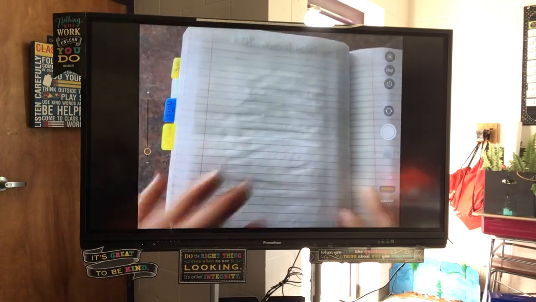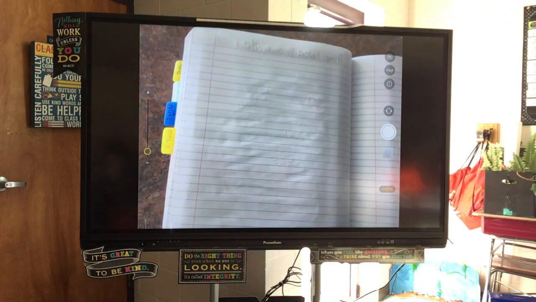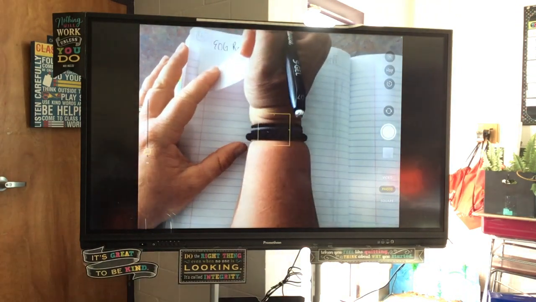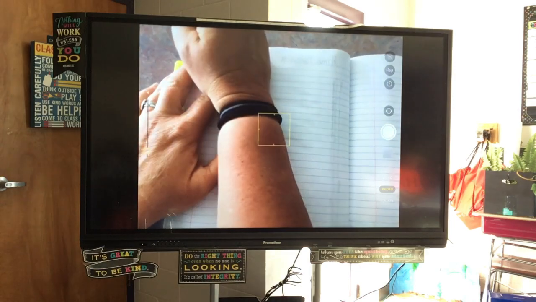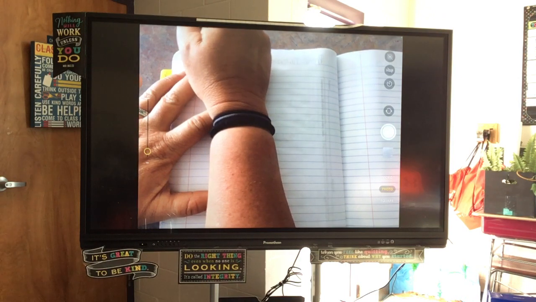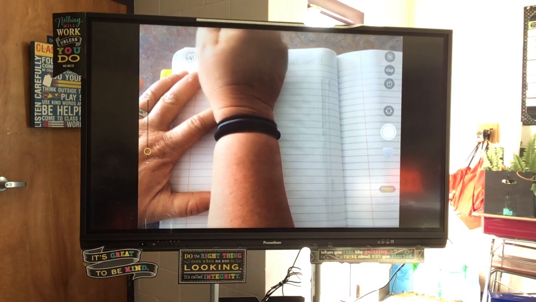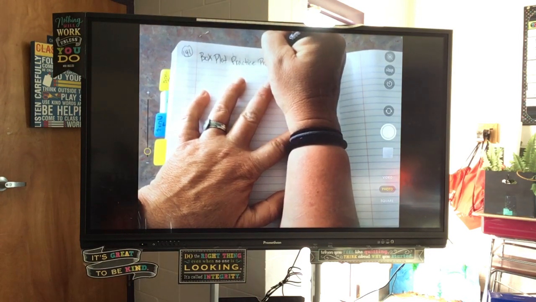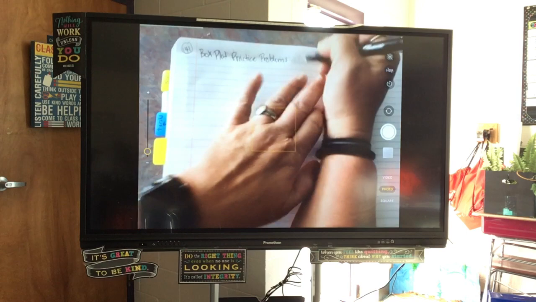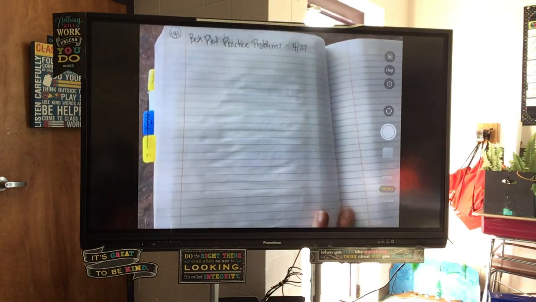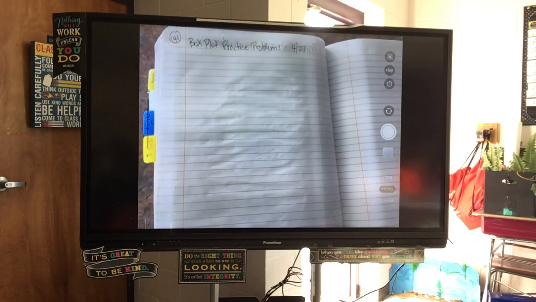And then in your notebook, turn to the next blank page that you have. And go ahead and label it box plot practice problems.